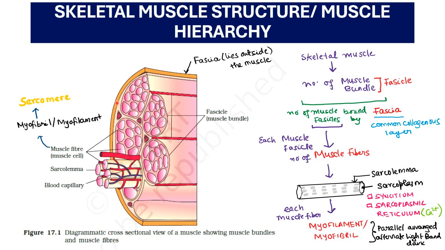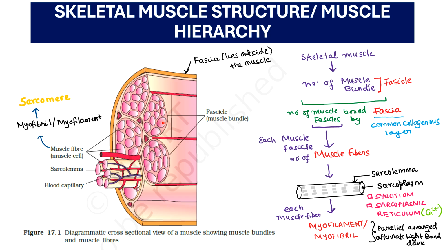Many muscle bundles, or muscle fascicles, are present in a skeletal muscle and are wrapped around by an outer collagenous layer known as the fascia. So, skeletal muscle consists of fascia which wraps around many muscle bundles or muscle fascicles.